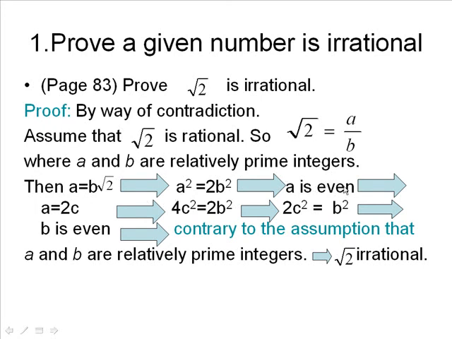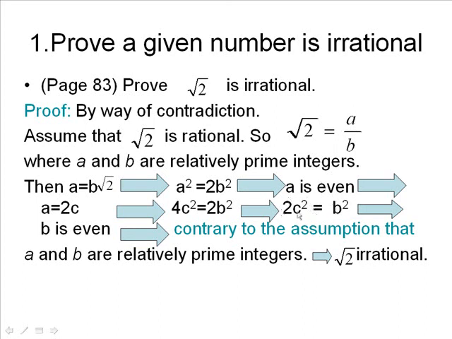And an even number can be written as a multiple of 2. So we write a as 2 times another integer c. Replace a with 2c in this equation, we will get 4c squared equals 2b squared, and divide both sides by 2 to simplify it, we get 2c squared equals b squared.